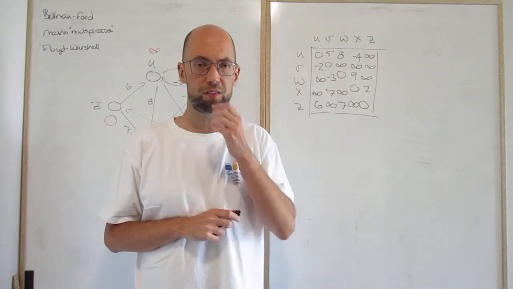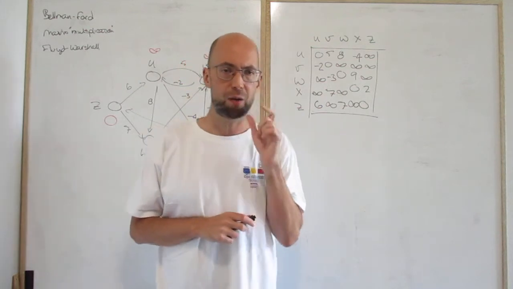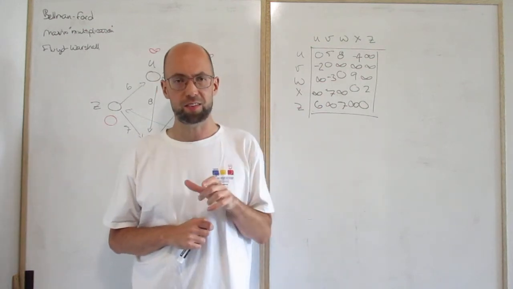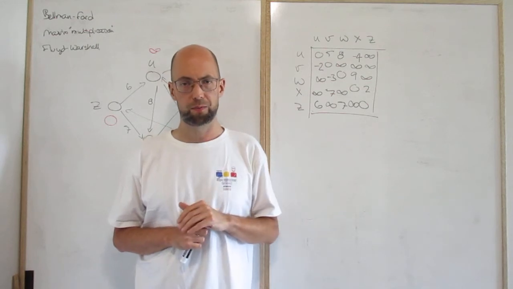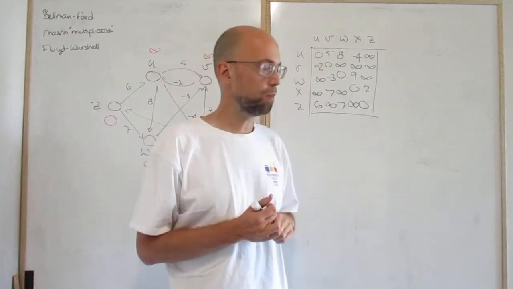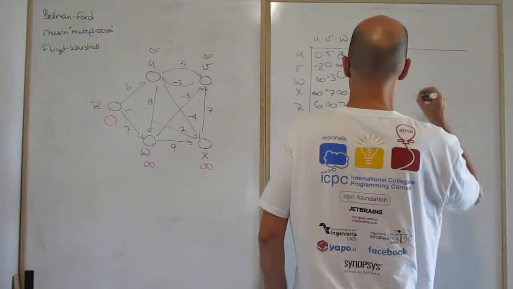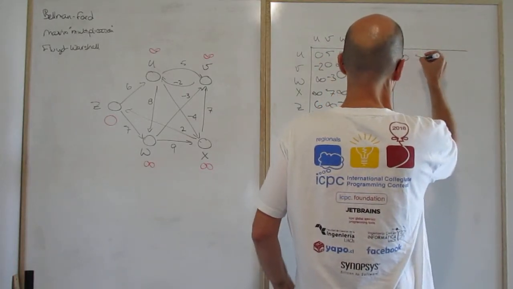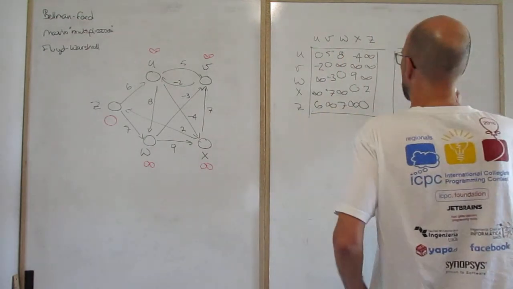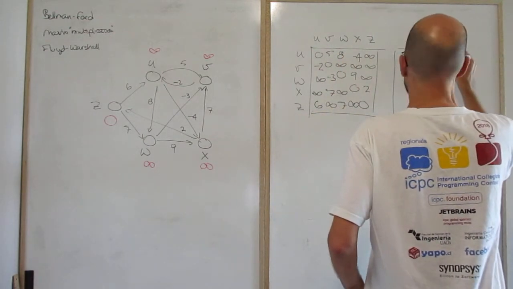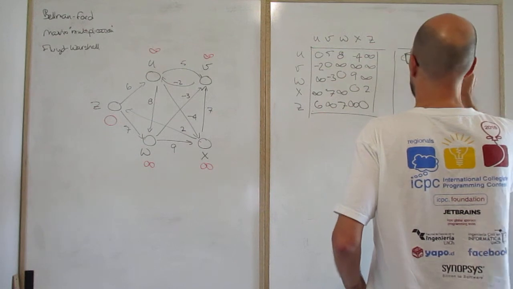Okay, so I'm going to insist that now I want the distances using exactly 2 steps. So what we can do is write the same matrix. Minus 4, infinite.